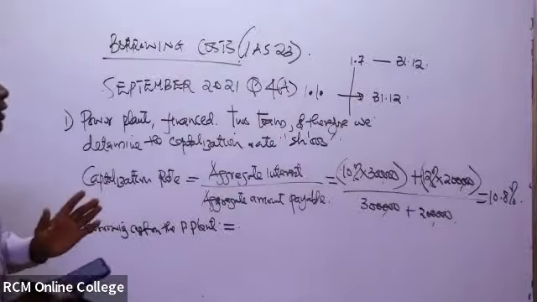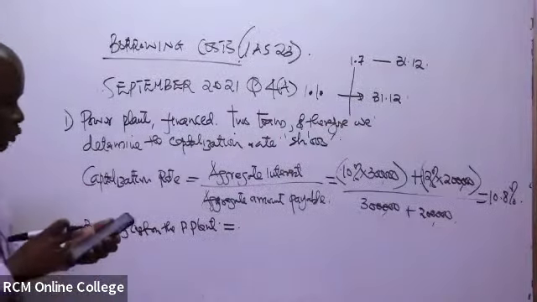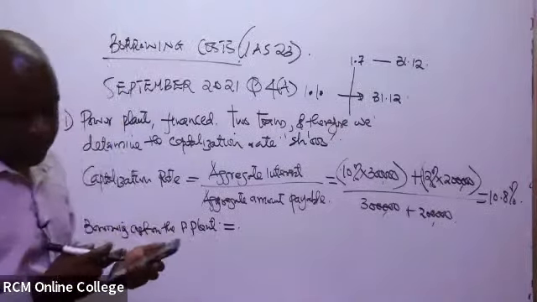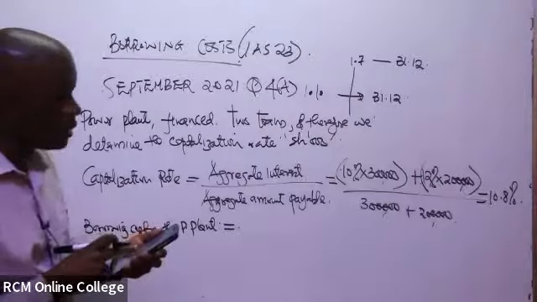So therefore, to get the borrowing cost on the power plant, we'll take the first amount that was borrowed, that is 100 million from 1st of January.